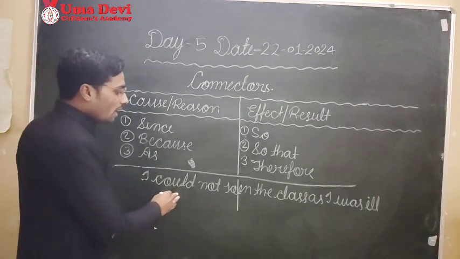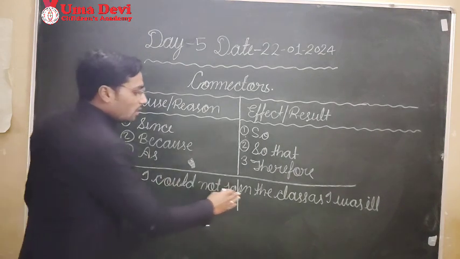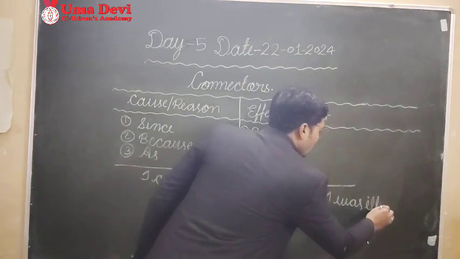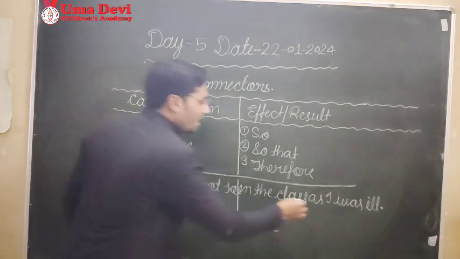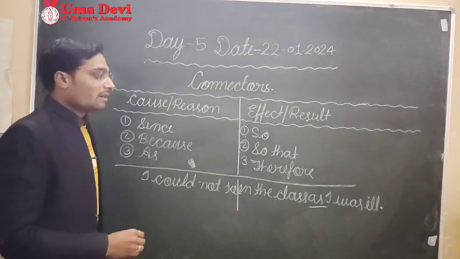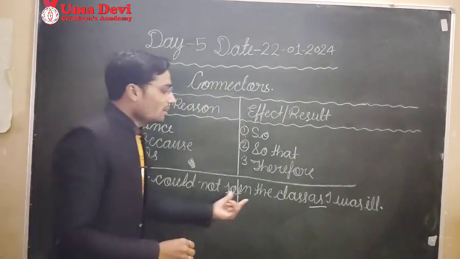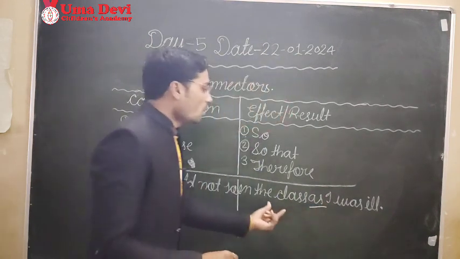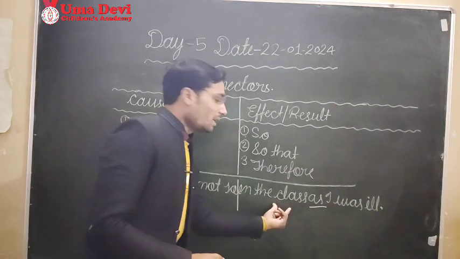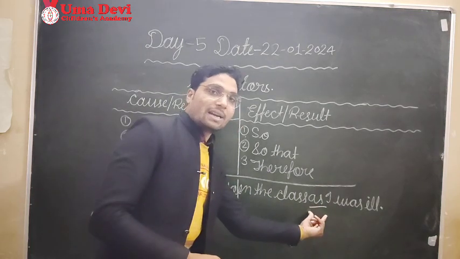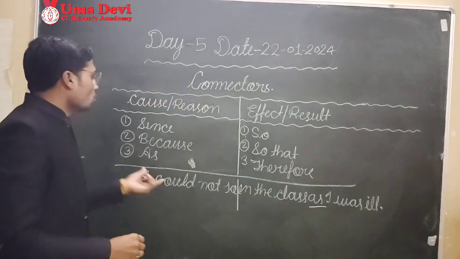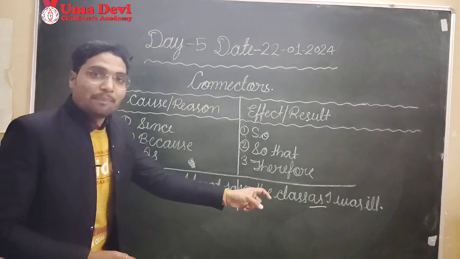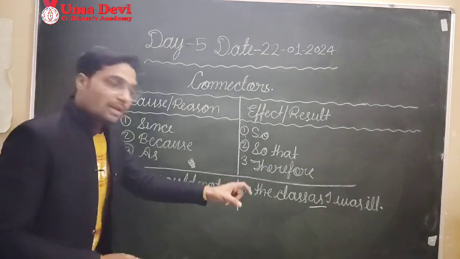I could not join the class is one sentence. The next sentence is I was ill. So as is connecting these two sentences together. That's why this is a connector, and this connector belongs to cause because it is telling the reason why something happened, why I could not join the class.